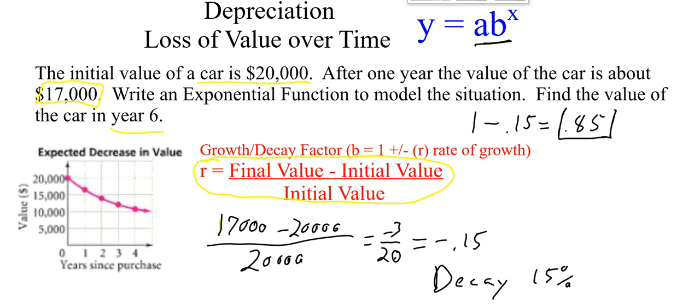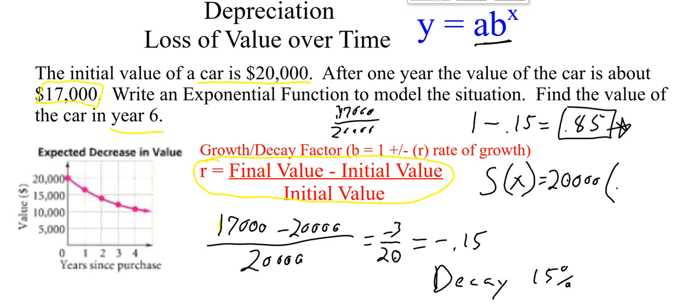Another way you can think about this is if you want to just find your B value, remember that's your successive ratio. So if you just do 17,000 divided by 20,000, you get 0.85. Okay, so our function here, let's just do the value of our car. So we're going to do S of X. Well, the initial value of the car was 20,000.